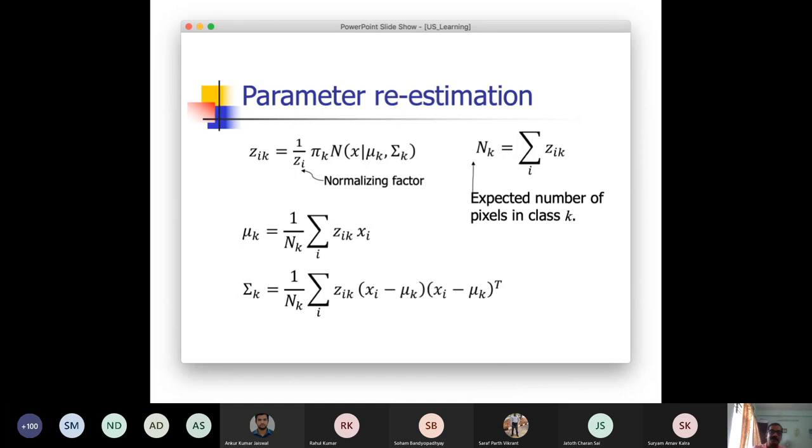With this you can estimate the mean and also the corresponding covariance matrix. You can also compute the corresponding component probability, the kth component probability. These steps are iterated till you get convergence.